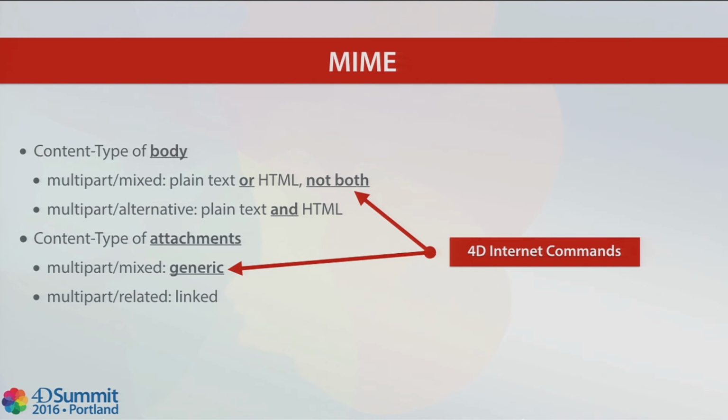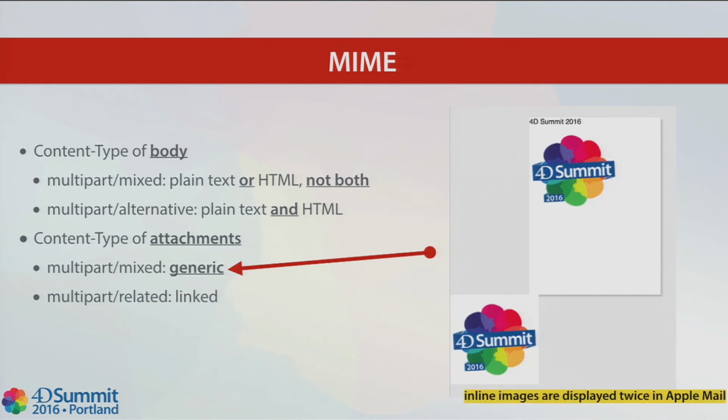And another thing is to do with how you attach images. If you use the internet commands, the plugin will handle it automatically, but it uses a content type called multi-part mixed, and that's slightly different to multi-part related. Here's an example.